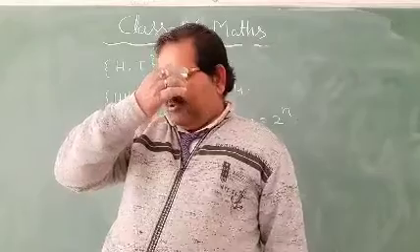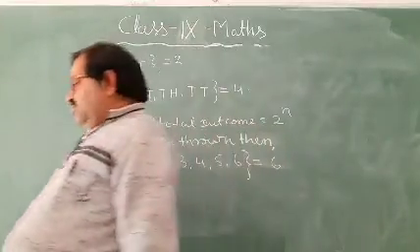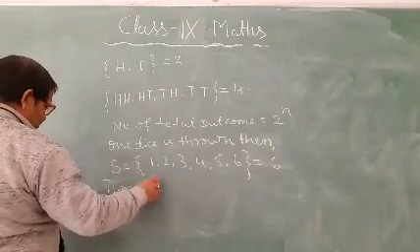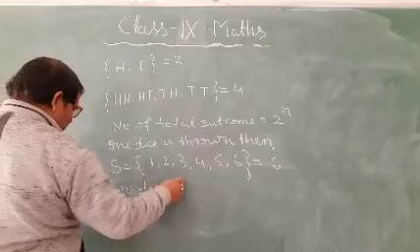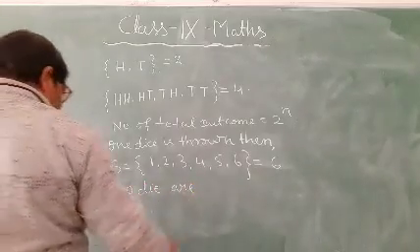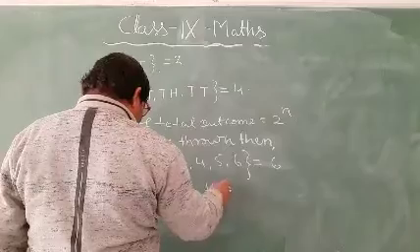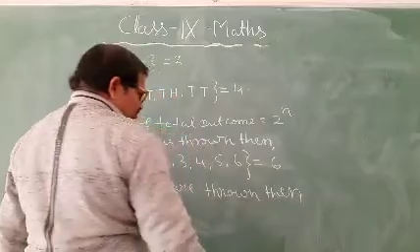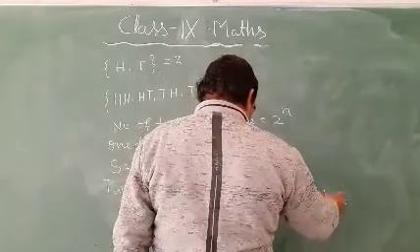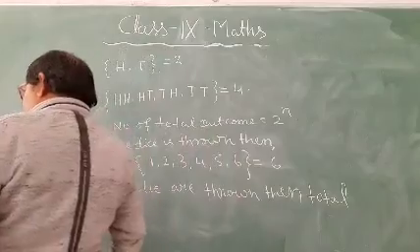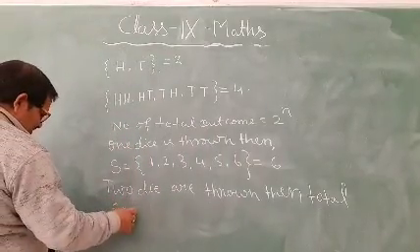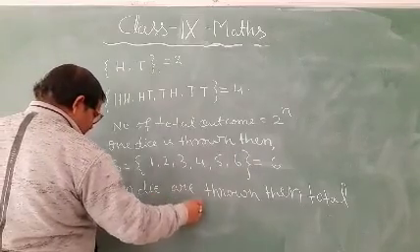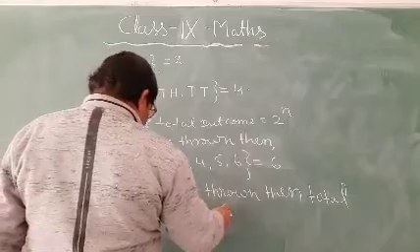If two dice are thrown, then the total sample space is 36.